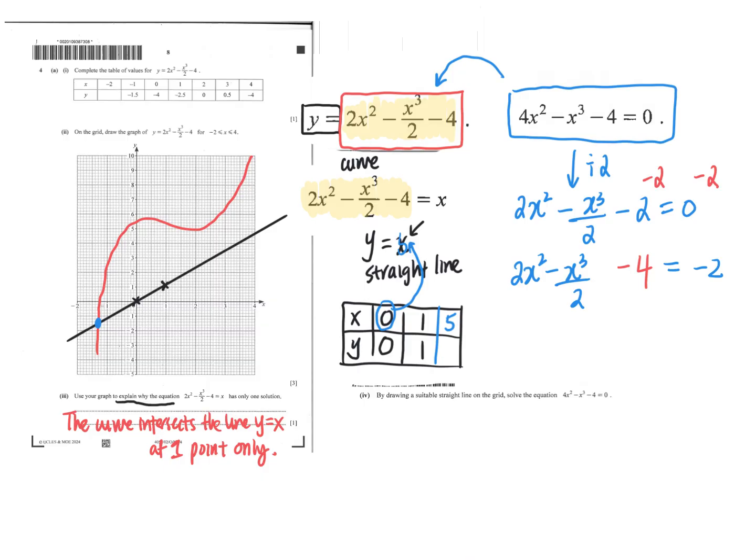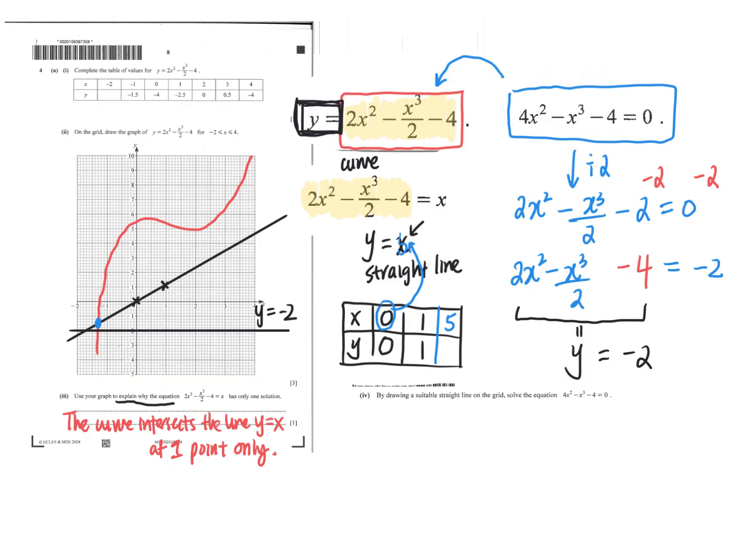So I already know that it's equal to y. So I just put this to be equal to y. So y equals -2. What they want is to ask you to draw the line y equals -2. So you go to your graph and draw the line y equals -2.